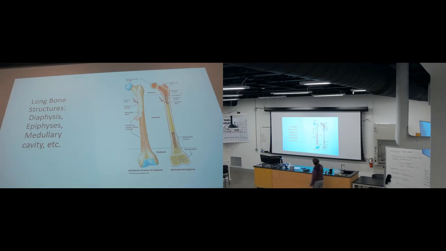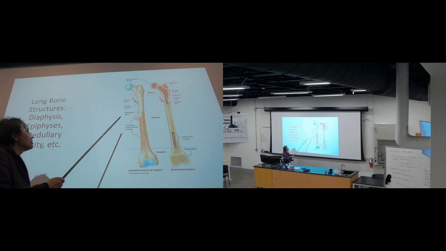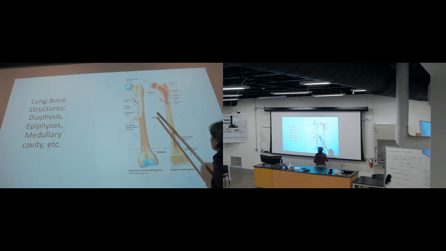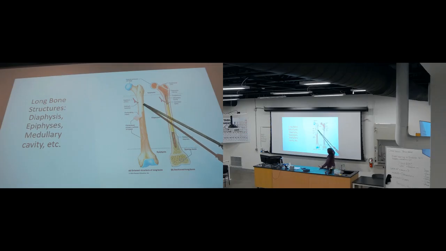So here are the structures of long bones. This is the closed view of the bone. This is the open view. So this part is the shaft, which we also know as diaphysis or body. And this will be the epiphysis.